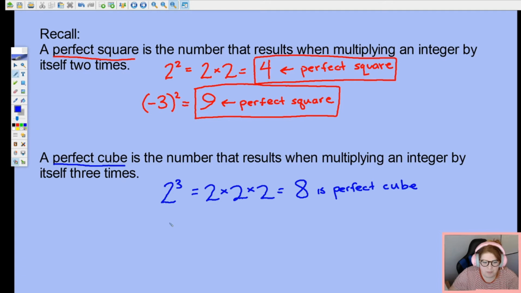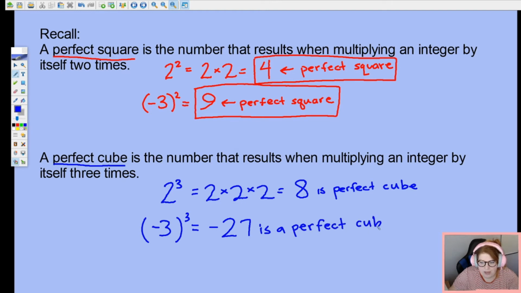Another example would be -3 cubed, which is the same thing as -27. Remember yesterday we talked about the fact that cubes can be negative, whereas squares cannot.